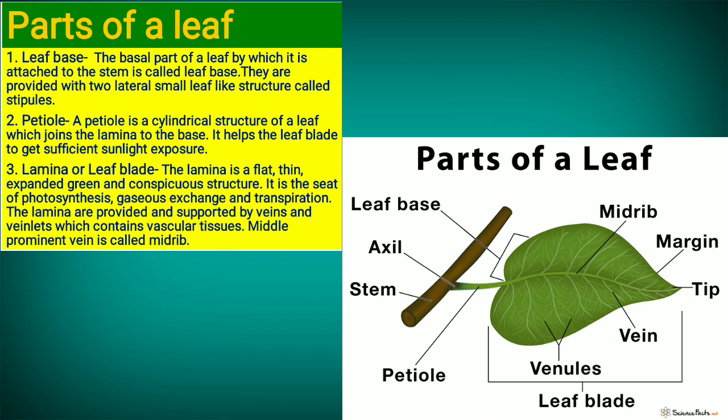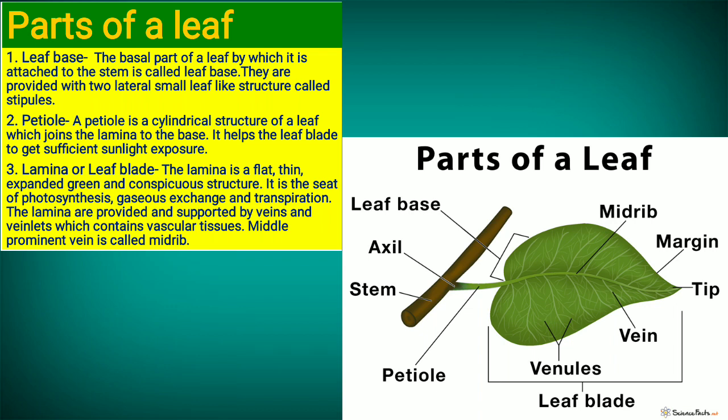The surface which faces towards the stem is called the upper surface or ventral surface, also called the adaxial surface. And the part which is lower to it is called the dorsal surface or abaxial surface.